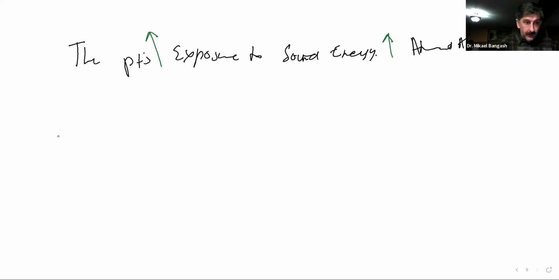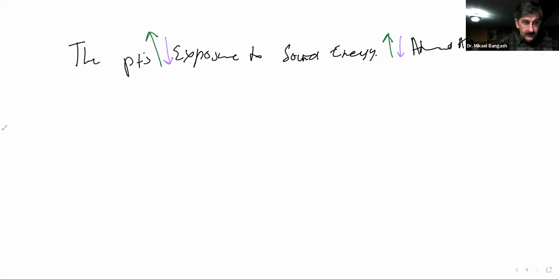And on the other hand, vice versa: a lesser amount of exposure will lead to a lesser amount of sound energy being absorbed.